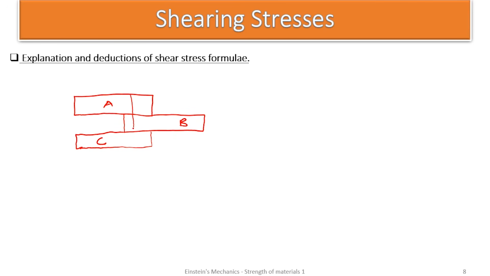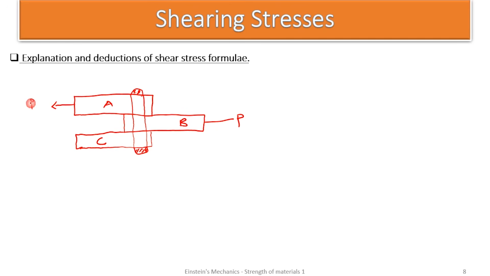So we have this rivet joining them together firmly. They are firmly bonded. And if I apply a force P here, it will try to slide this bar B in between A and C. And there's going to be an equal force here in the bar A.